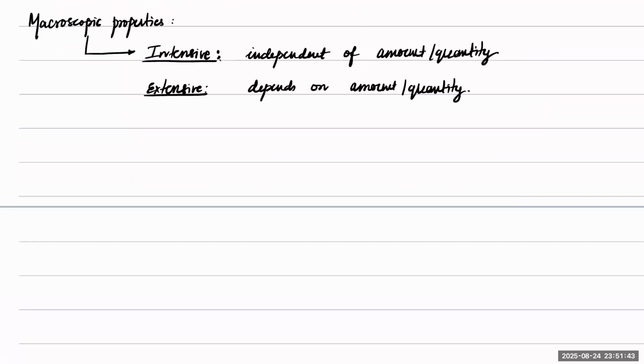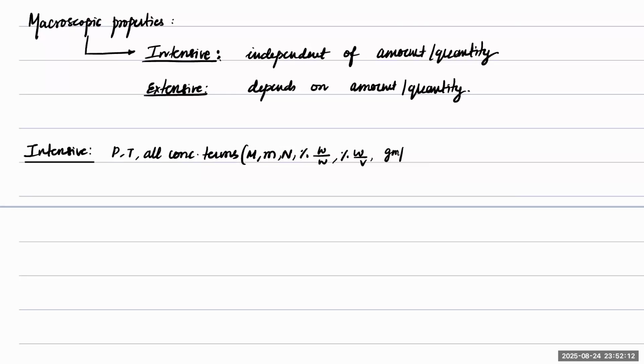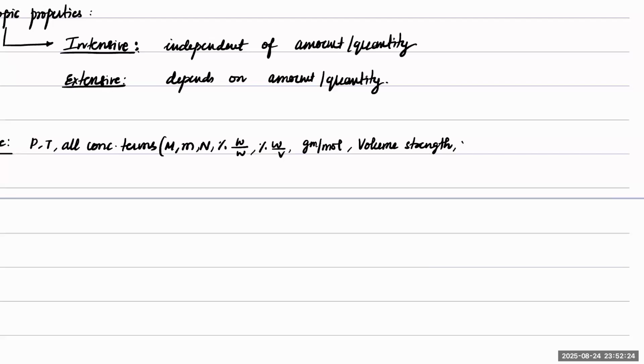Now, notice this: when it comes to intensive, what other types did we learn? Well, if I recall, pressure, temperature, all concentration terms which we learned in mole concept: molarity, molality, normality, percentage weight by weight, percentage weight by volume, gram per mole, anything of this sort, volume strength. You will come across this in redox reactions, volume strength, and ppm, ppb.